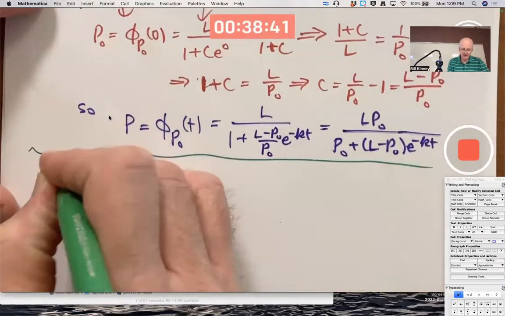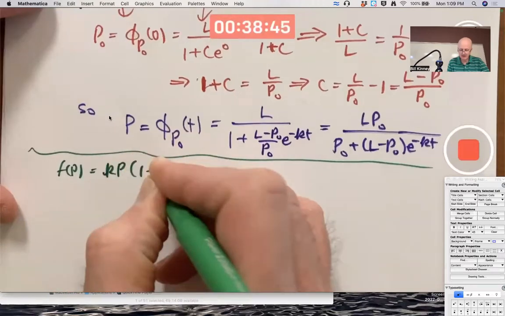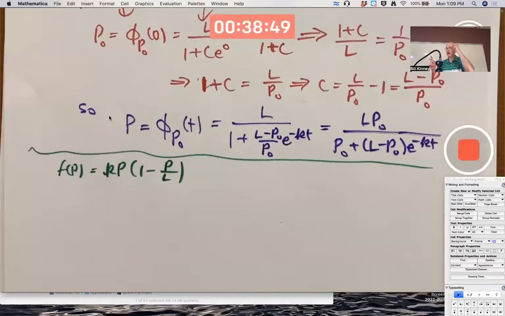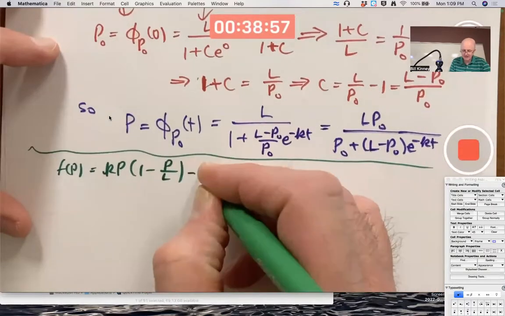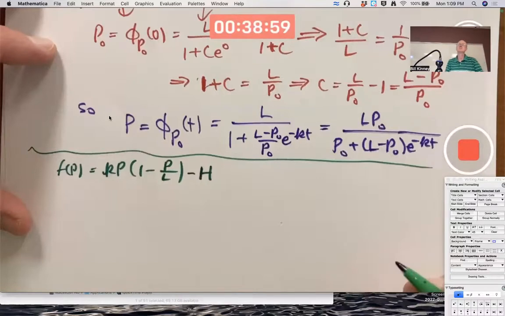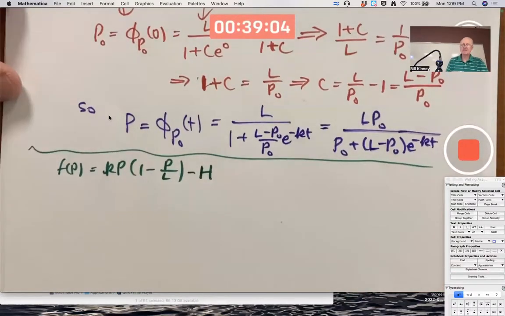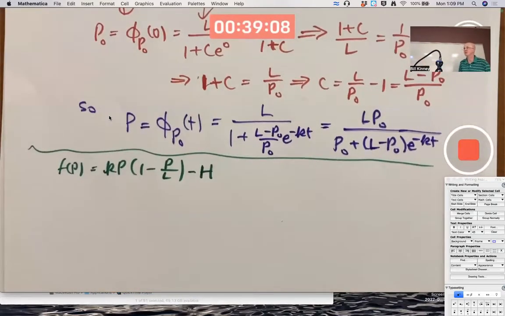The f of p function, k times p times 1 minus p over L. Again, I'm taking the harvesting to be 0. I will briefly think about what happens when the harvesting is not 0, though. Actually, maybe we should do that right now. So I'll put a minus h here now. You can graph this, a function of p, as an ordinary graph without thinking about differential equations at all.